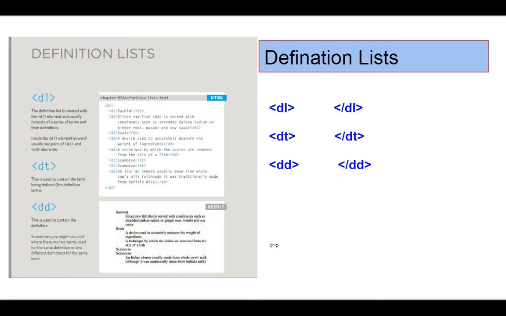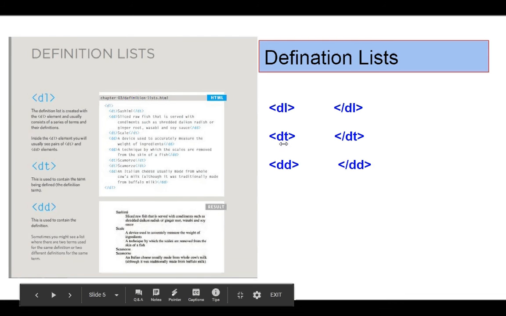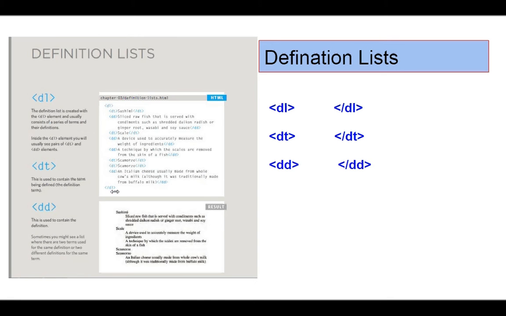DT is used to contain the term being defined, and DD is used to contain its definition. Okay, so this is a typical example which is shown here. You can see here DL is the tag which is available here.